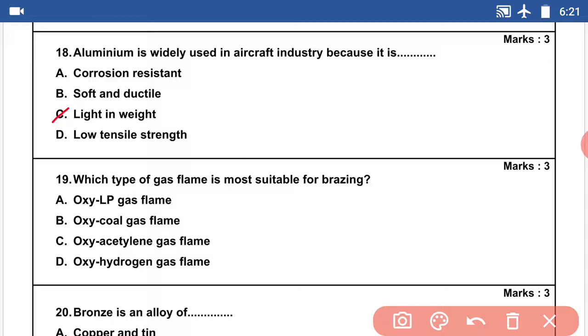Which type of gas flame is most suitable for brazing? The answer is oxy-acetylene gas flame, option C.